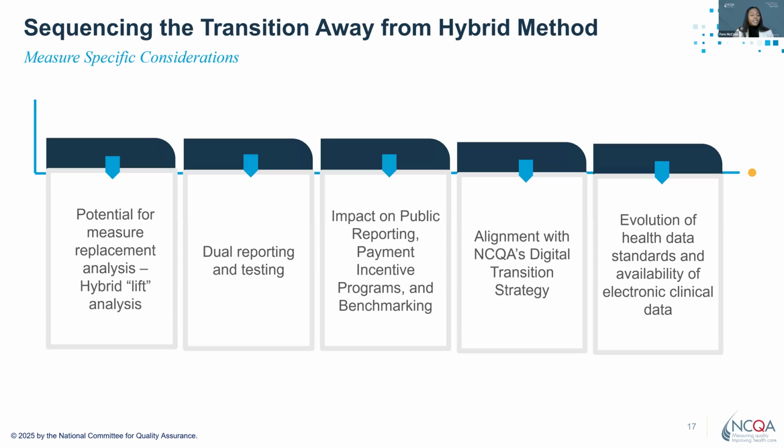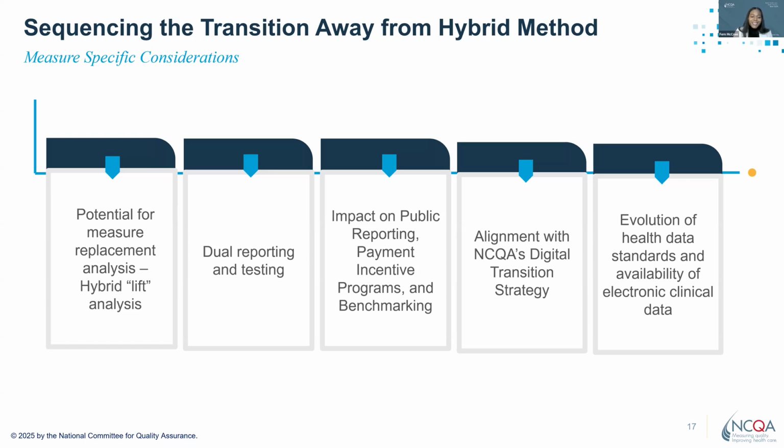We're also working to align with our broader digital transition strategy, which aims to better streamline data collection and improve accuracy and timeliness of quality measures. So how can we also build a timeline that supports our digital transition goals as well?